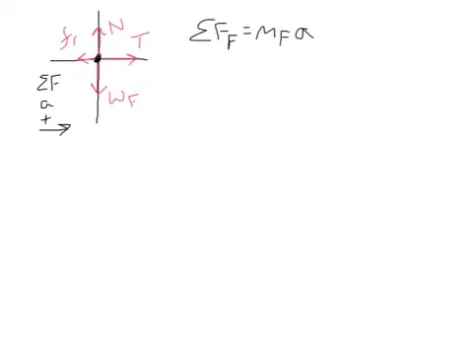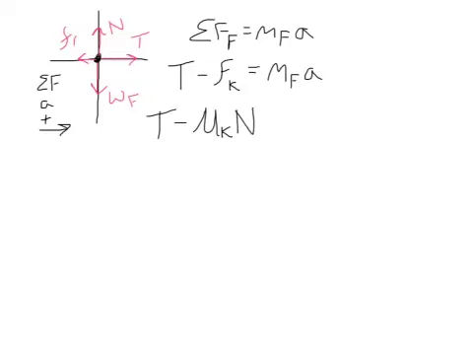Okay. Now the net force on the furniture is going to be equal to the mass of the furniture times the acceleration. So looking along the direction of that net force, we see that the tension minus the frictional force will equal the mass of the furniture times the acceleration. Our expression for friction is mu k times normal force.